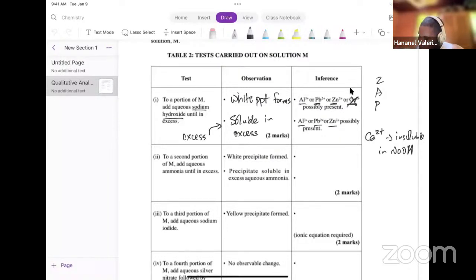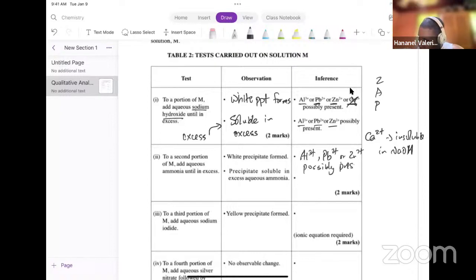So therefore, we'll still have to say that aluminum, lead, or zinc still possibly present because they still all will form a white precipitate.